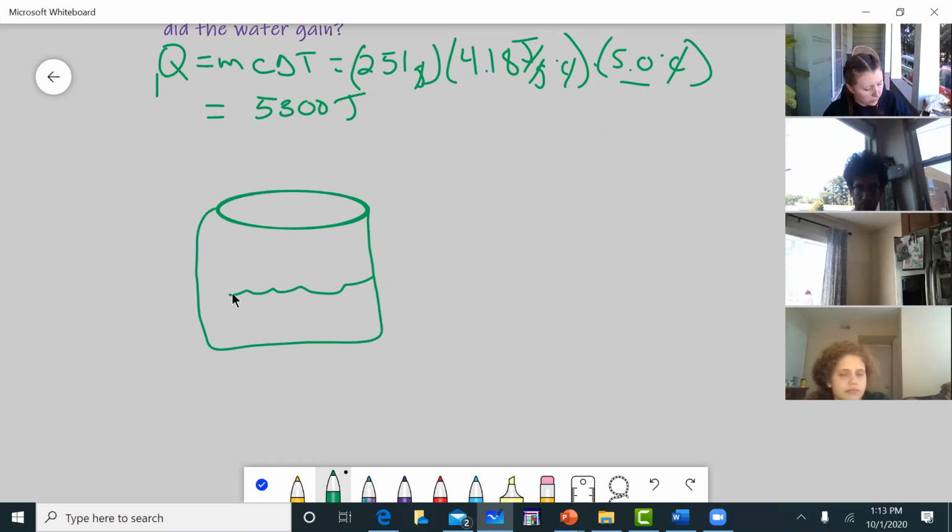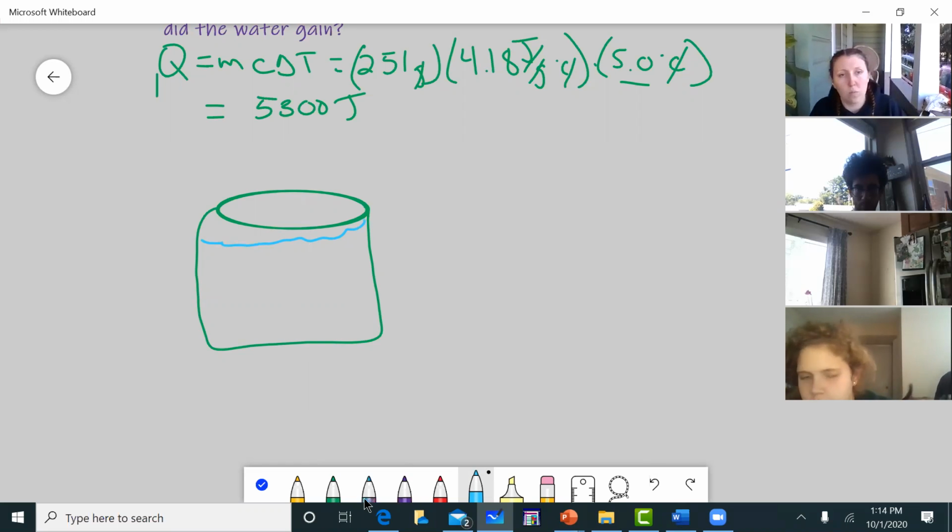We're going to fill that completely with water. Okay. So it's got a bunch of water. And let's say that I have a piece of metal that I'm going to drop into here.